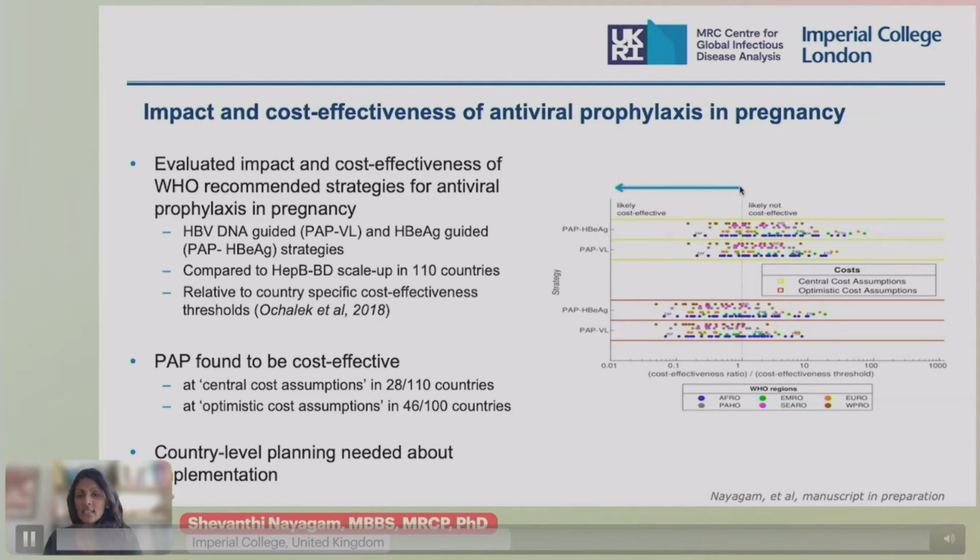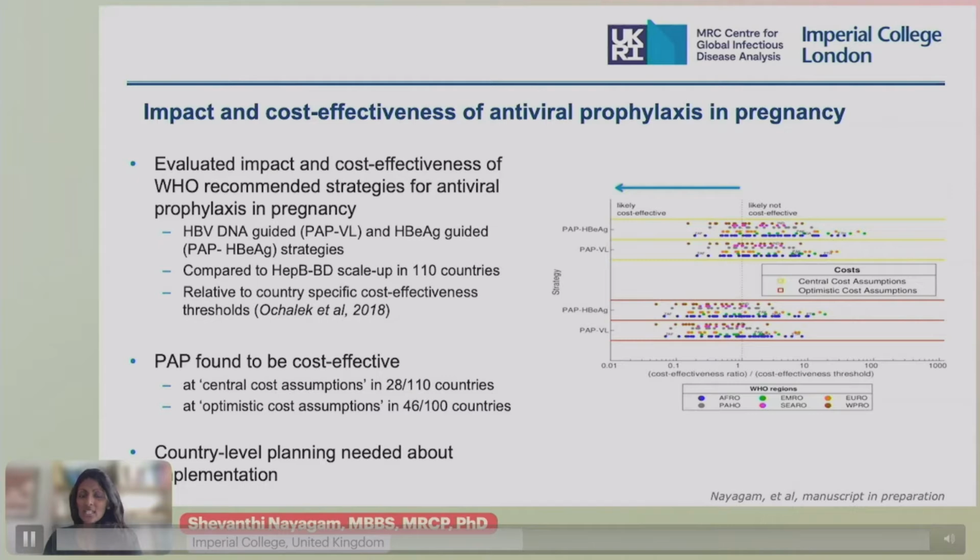And we see whether it's cost effective. If it is cost effective, the country dot lies to the left of the dotted line, where the blue arrow is. And if it's likely not to be cost effective, it lies to the right of the dotted line.